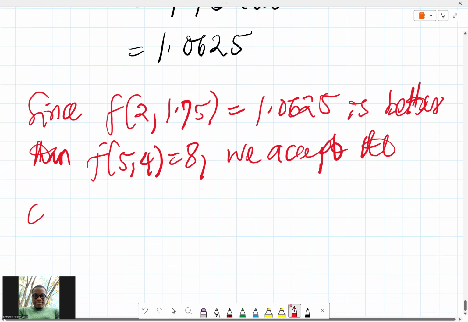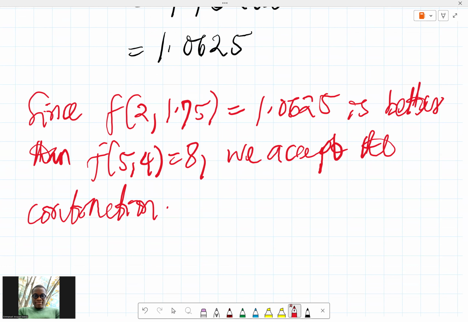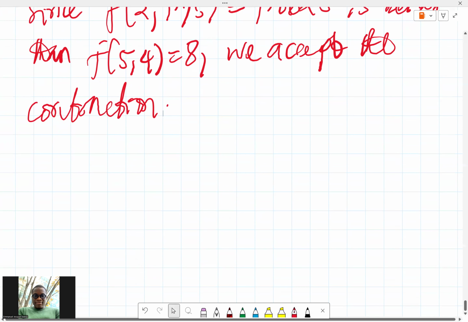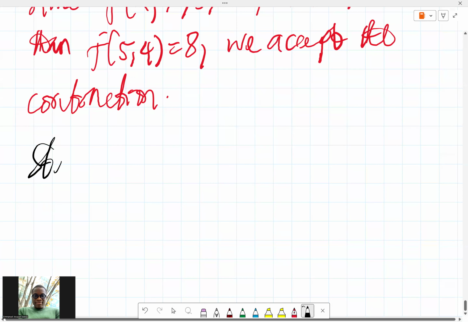So the contraction works better, and we accept it. This is more like the first guess, x is 2, y is 1.75. After this, we go to step 5.